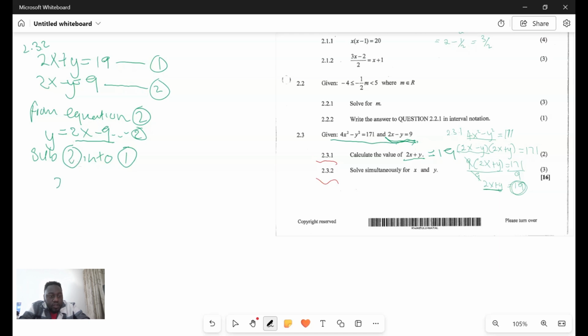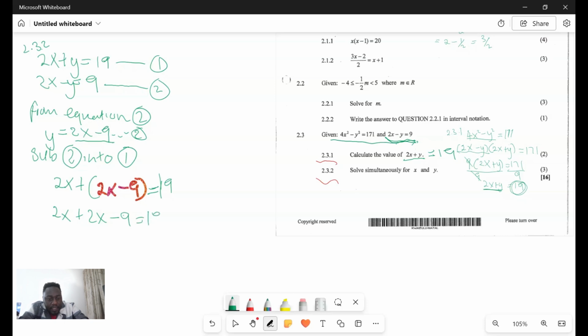So 2x plus, where there is a y, I'm going to place, in a different color so you can see, 2x minus 9, close bracket, equals to 19. And then 2x plus 2x minus 9 equals to 19.